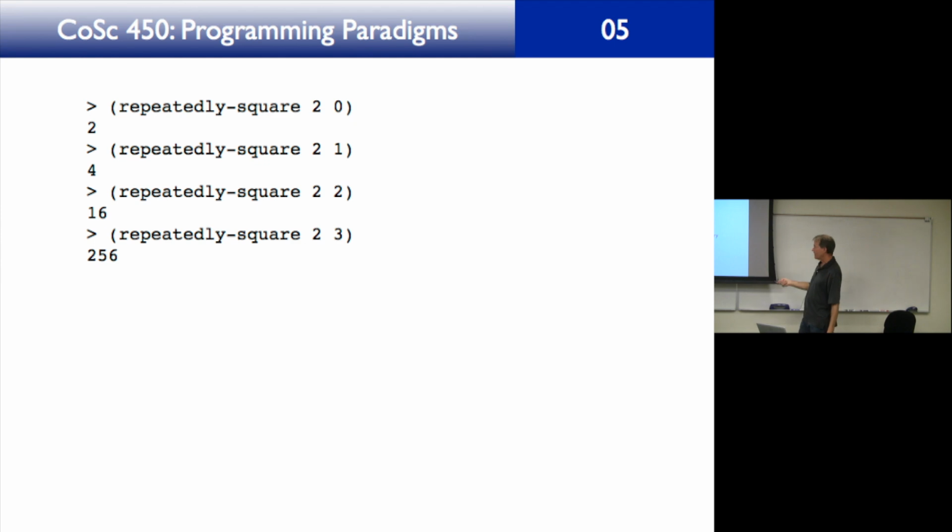And now here, what is this repeatedly square? Is repeatedly square the factory, or is it the function that gets manufactured? Repeatedly square is the function returned by the factory. Are you with me? That's the function returned by the factory.